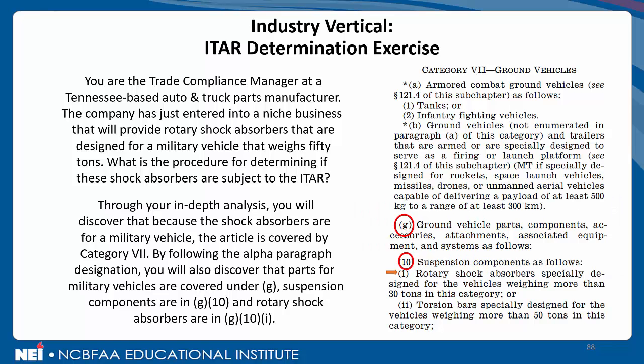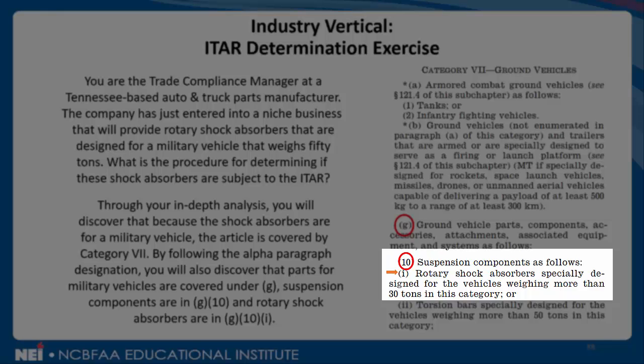Under G, there were a series of numbers, 1 through 9. We had to read all the way through 1 through 9 to get to the one we were looking for, which happened to be 10. Suspension components as follows. And then within 10, G10, actually, Roman numeral i, rotary shock absorbers specially designed for vehicles weighing more than 30 tons.